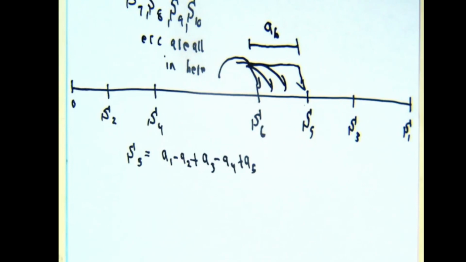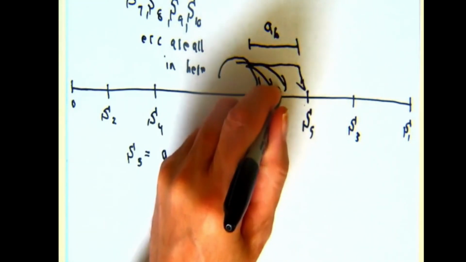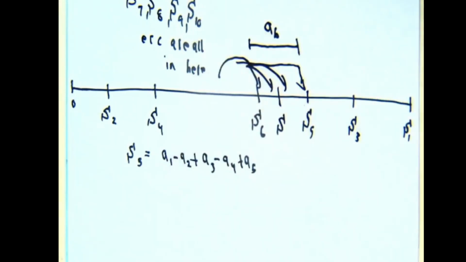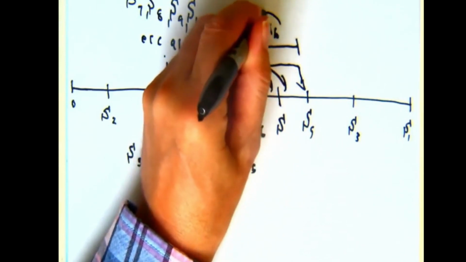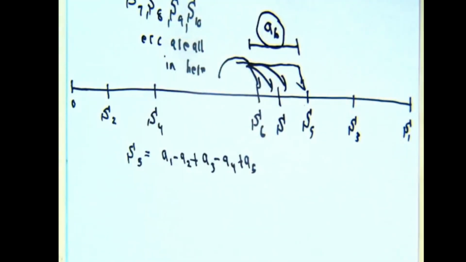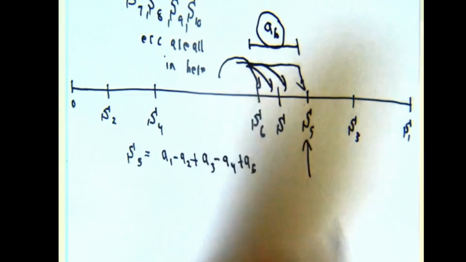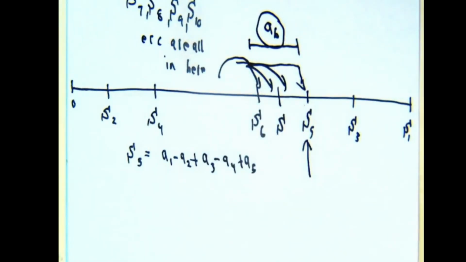So whatever the limit is of the partial sums, I could call it capital S. Capital S is somewhere between S number 5 and S number 6. Capital S is within a distance of A number 6 of the partial sum that we calculated.